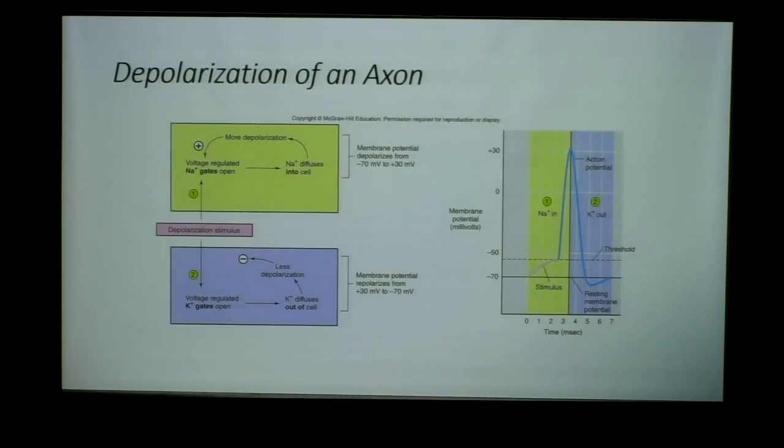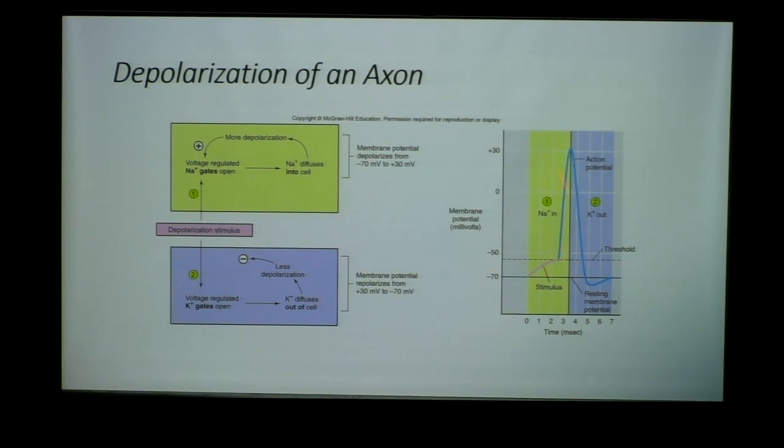Okay, now if we divided this action potential, the sequence of events, into two sort of phases, we'd see depolarization and then repolarization. And we could also associate those two phases with positive feedback and negative feedback. And in terms of looking at this on this graph, we can see that here.